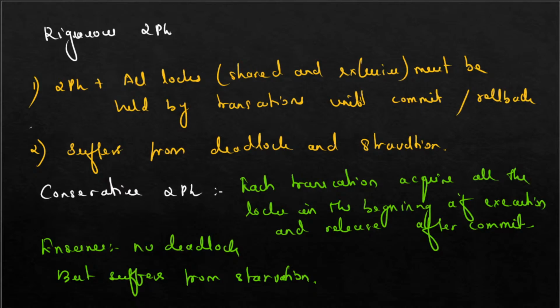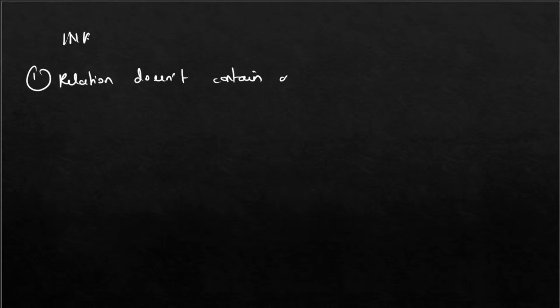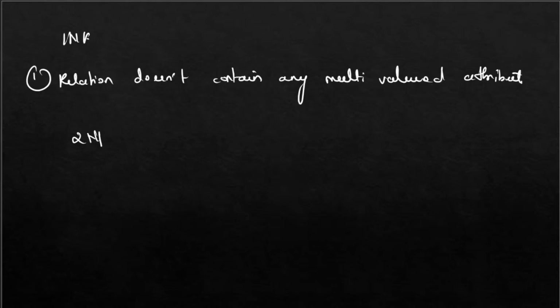So I will write here the properties. First NF means the relation does not contain any multi-valued attribute, and by default DBMS is always in 1NF. 2NF means partial dependencies should not be there.